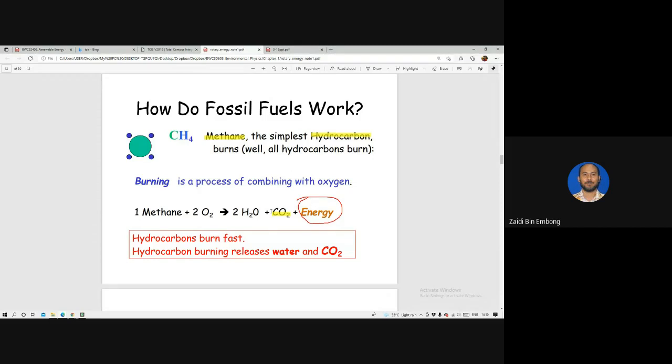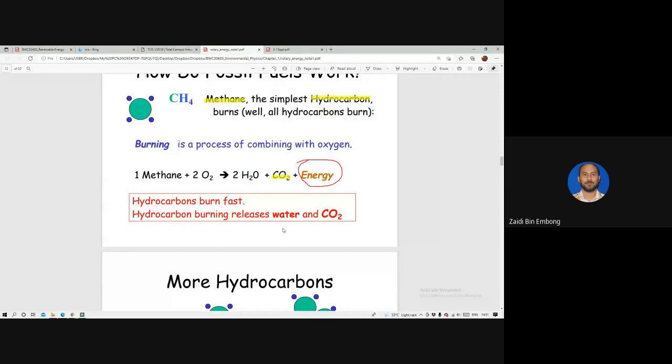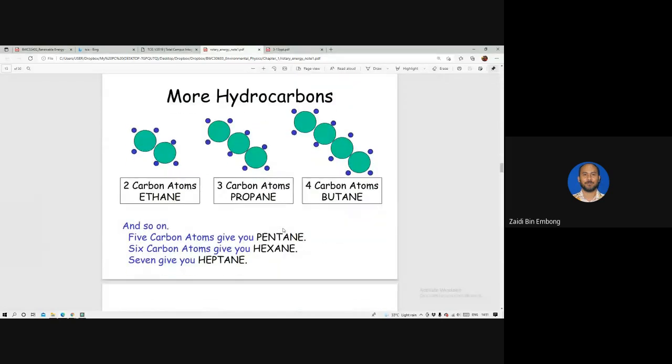Sometimes if you go to Kuala Lumpur, some of the building walls turn black. Why? Because of the emission from car exhaust. Car exhaust releases CO2. Even sometimes you inhale the gases. It's quite dangerous.